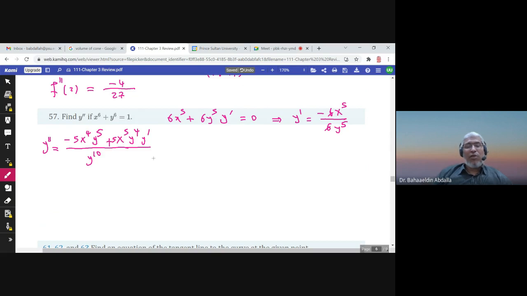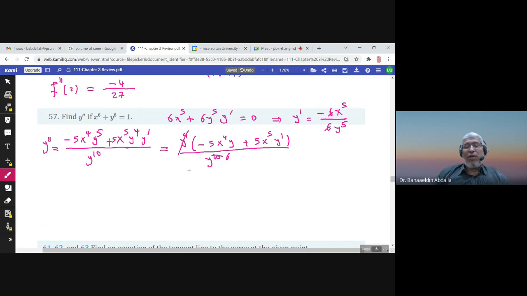Okay. Notice that I can take y to the power 4 as a common factor. So I will have negative 5x to the power 4 times y plus 5x to the power 5 y prime over y to the power 10. And I can cancel this with this, and I'll have 6 here.